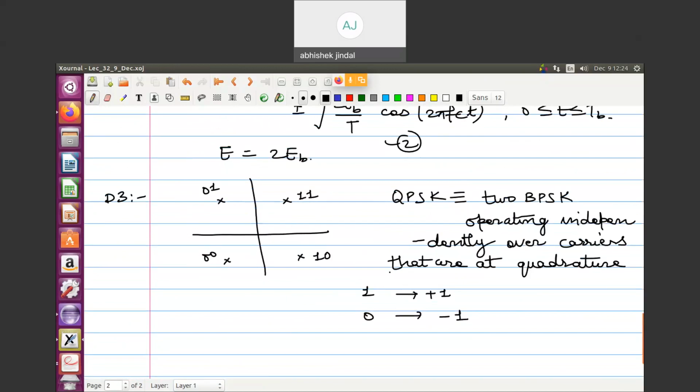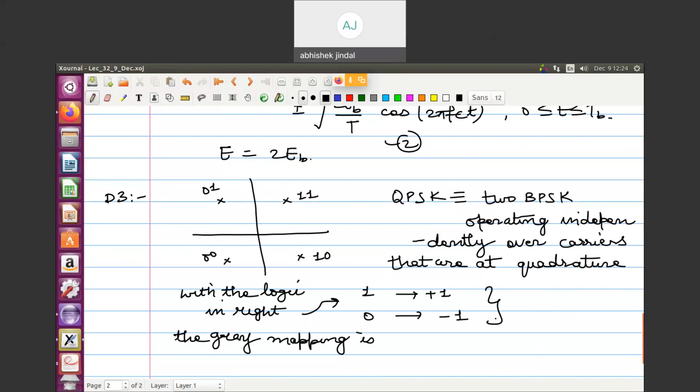Then this is nothing but -1 and +1. So this is the mapping. With this logic, this is NRZ logic, polar NRZ, the Gray mapping is as given above.